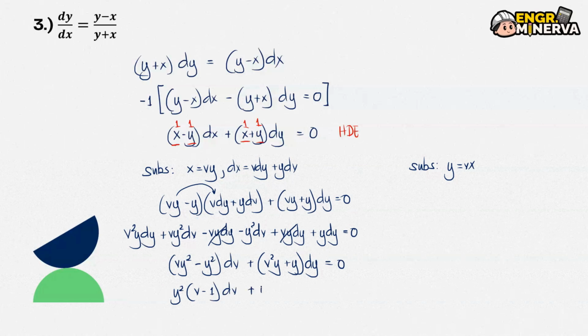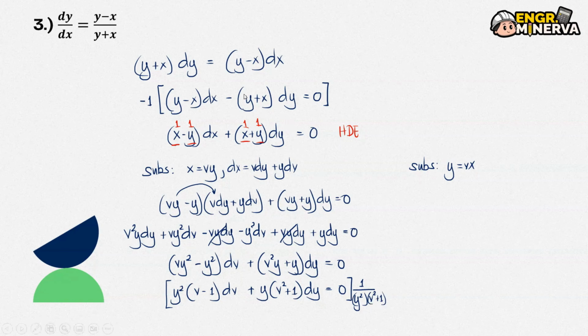Also factor out y, that would be v squared plus 1. Then this differential equation is now variable separable. So it means we will multiply the whole equation by 1 over y squared and v squared plus 1.